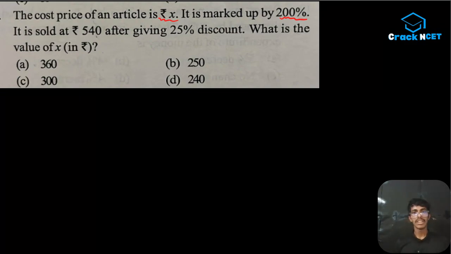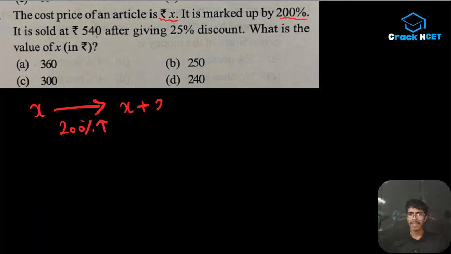So let us assume it is given that cost price of an article is X. So 200% it was marked up, which means that X plus 200% of X increase.